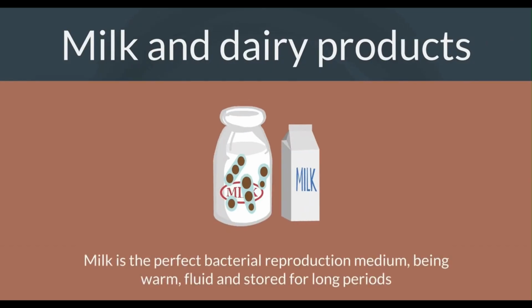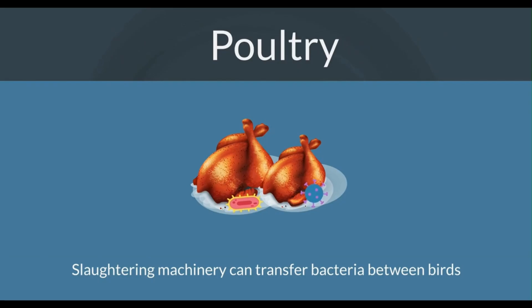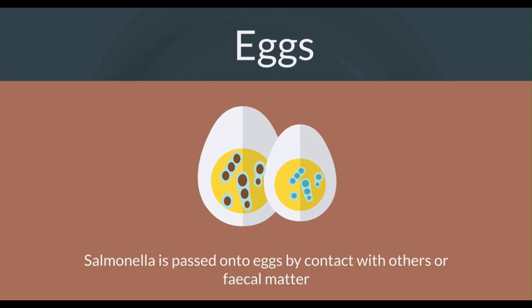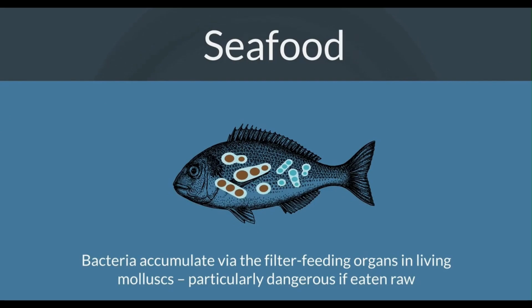Milk and dairy products: milk is the perfect bacterial reproduction medium, being warm, fluid and stored for long periods. Poultry: slaughtering machinery can transfer bacteria between birds. Eggs: Salmonella is passed on to eggs by contact with others or fecal matter. Seafood: bacteria accumulate via the filter feeding organs, in living mollusks particularly dangerous if eaten raw.